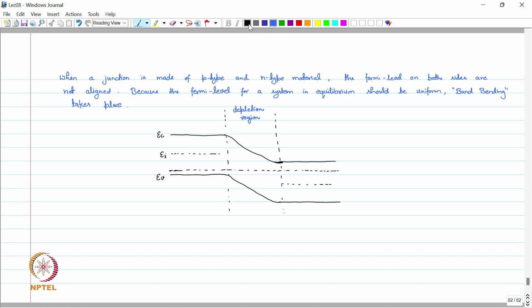And in this we have certain holes which are in majority in p type, and we have some electrons, let's say this one, they are in majority in n type region.